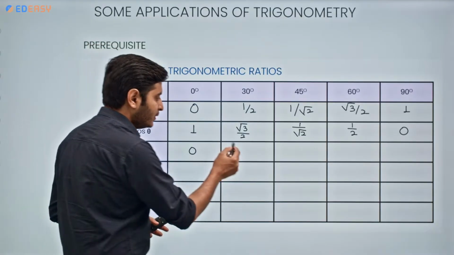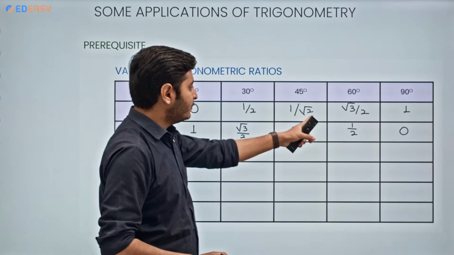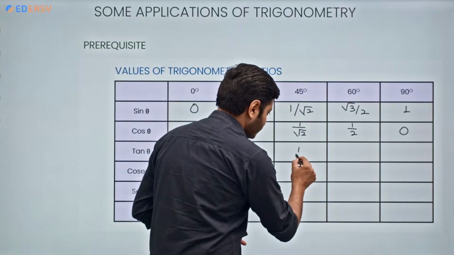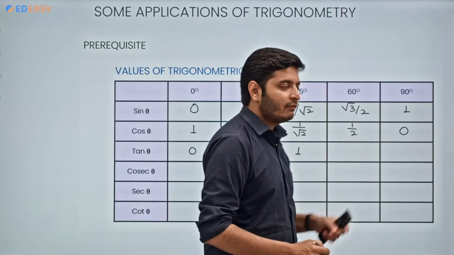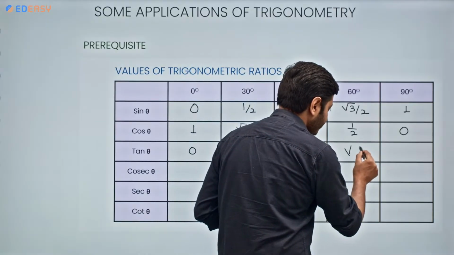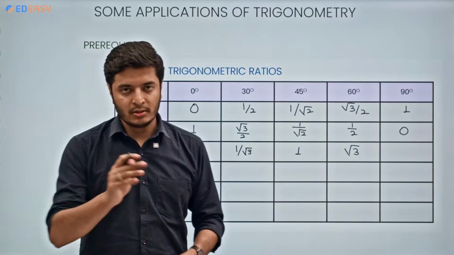What are we left with? 1 by root 3. 1 by root 2 divided by 1 by root 2, 1. Root 3 by 2 divided by 1 by 2, 2 and 2 cancel. What are we left with? Root 3. 1 divided by 0 is not defined actually.